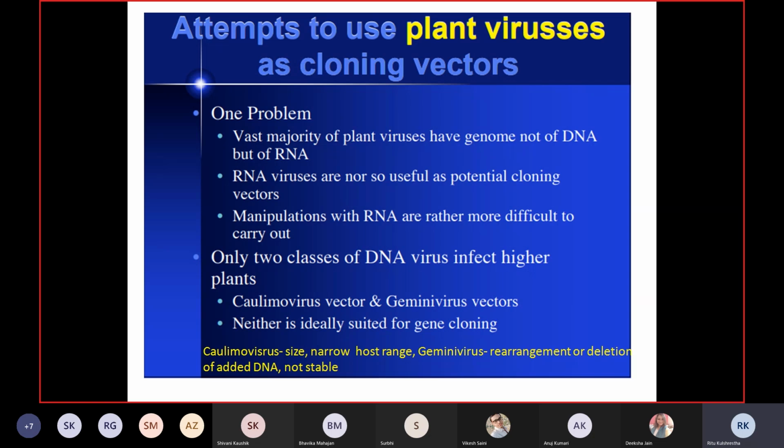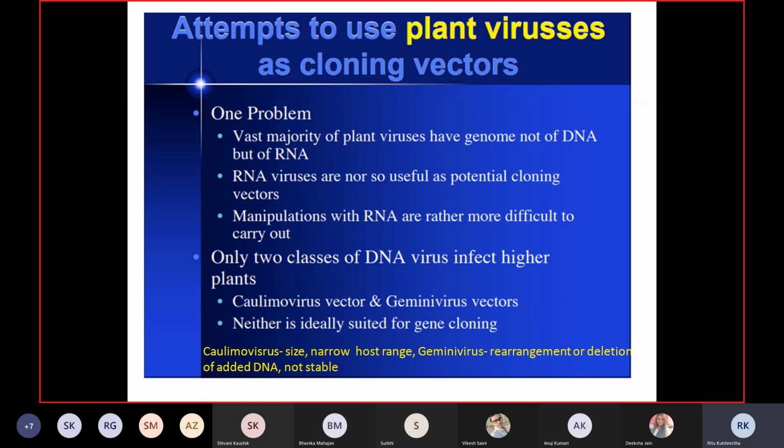Then the last method that is being investigated in certain plants is the use of plant viruses. It is similar to how bacteriophages were used for transfer of genes in bacteria. Similarly, various plant viruses are being tested whether they can function as cloning vectors and transfer your gene of interest into plant cells.